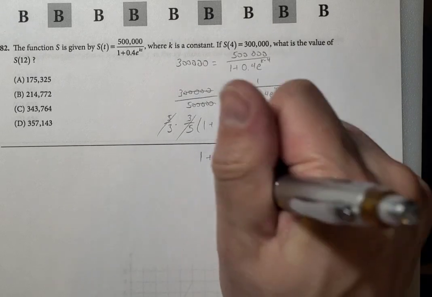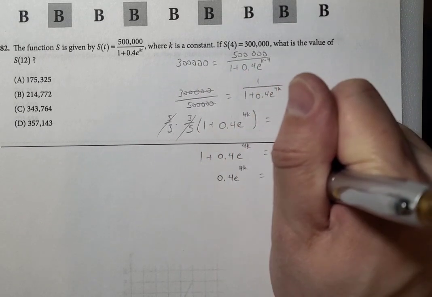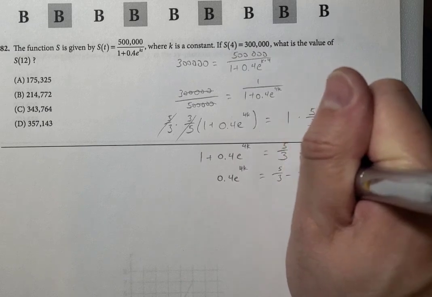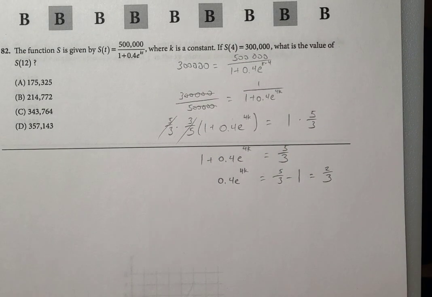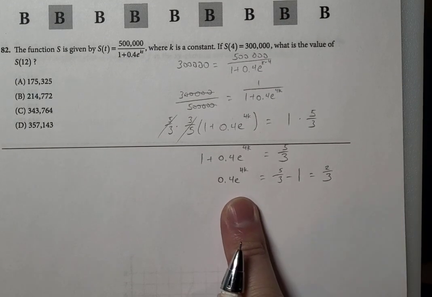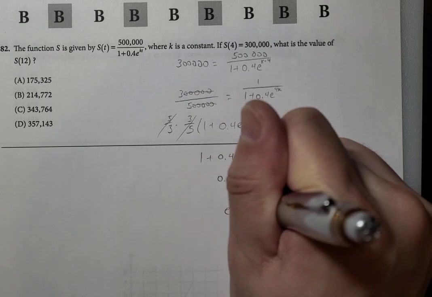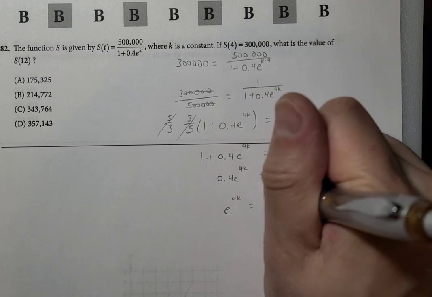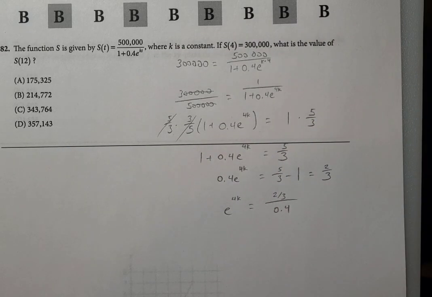Okay, subtract 1 on both sides. 0.4 e to the 4k is 5/3 minus 1, which is same thing as 2/3. Okay, and now we are going to divide by 0.4. So e to the 4k is 2/3 divided by 0.4.